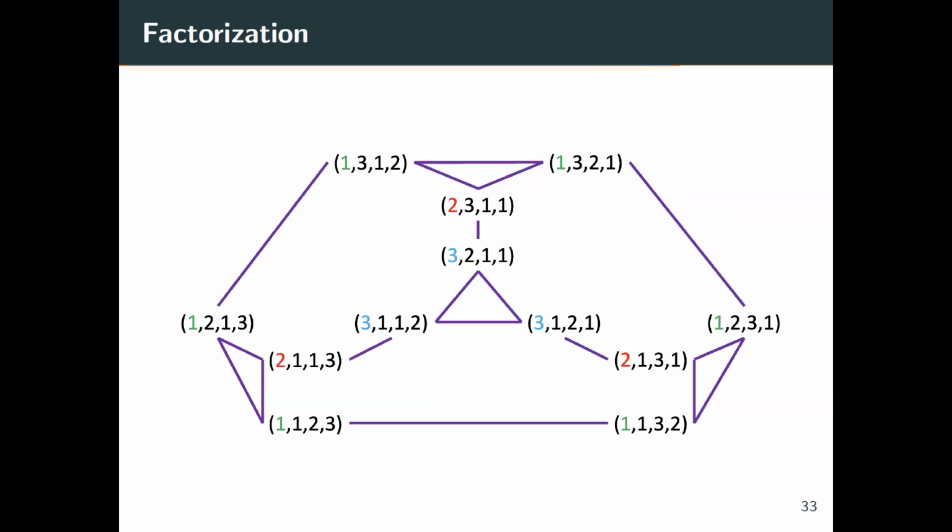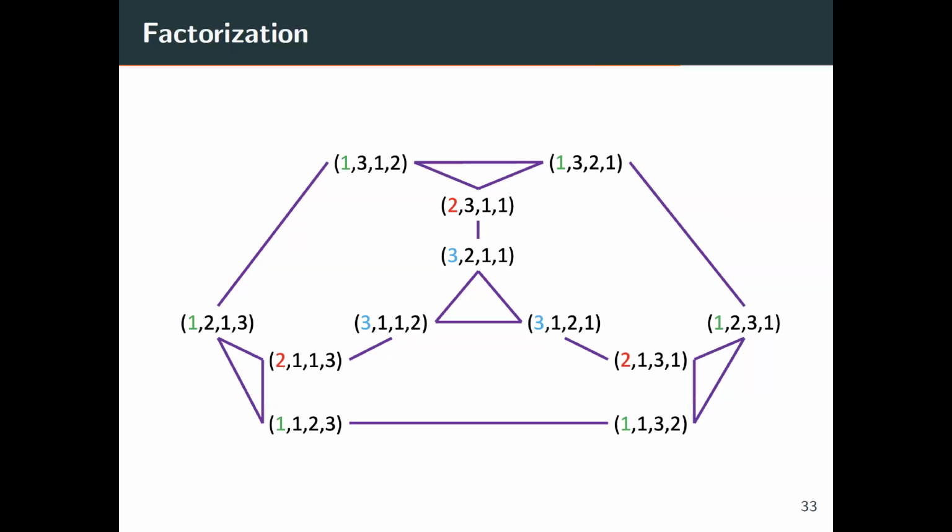The subgraph obtained by looking for all the sequences with the green one in the first entry will correspond exactly to the Prüfer sequence graph of the remaining three entries, that is the 213 Prüfer sequence graph.